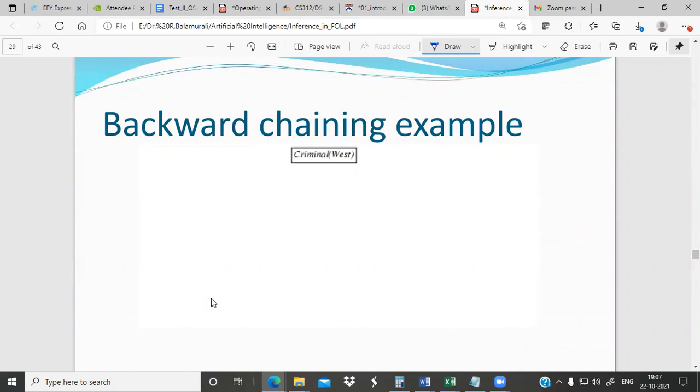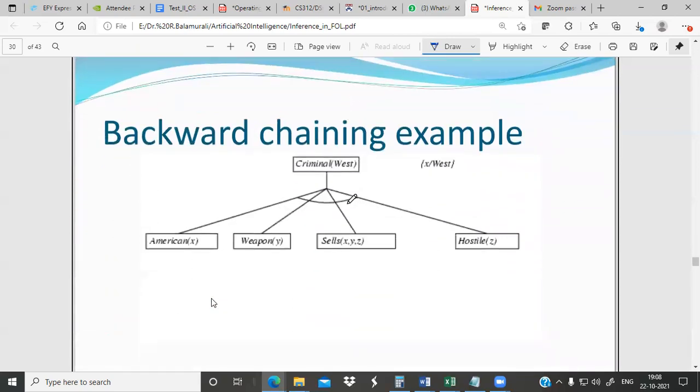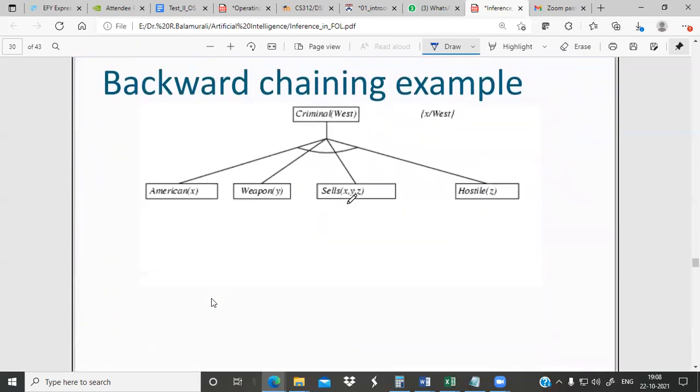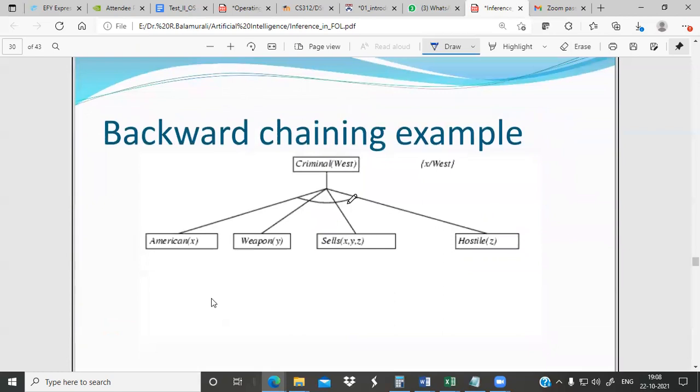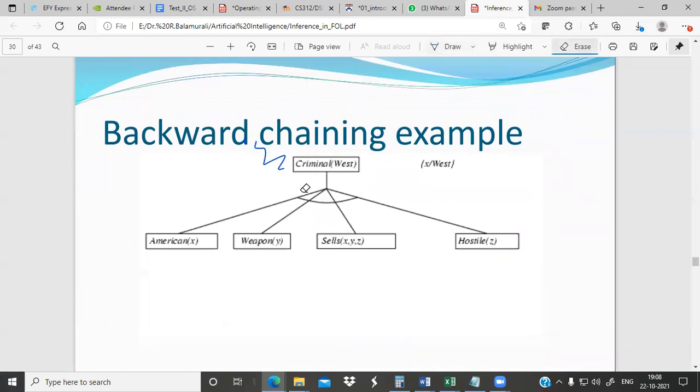If you want to prove that West is a criminal, you have to prove many things. What are the things we have to prove? Initially it is Criminal(X), and here we replace X with West.